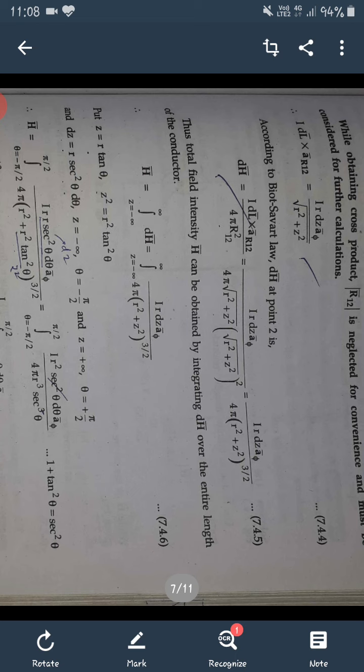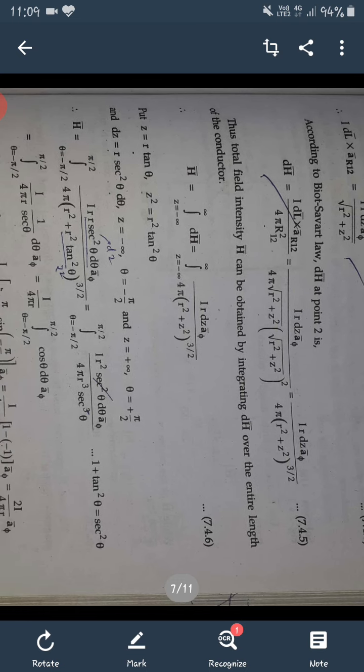Now changing the limits. If you take z equal to minus infinity, theta will become minus pi by 2. From the equation z equal to r tan theta, if you substitute z equal to minus infinity, you get theta equal to minus pi by 2, and if you take z equal to plus infinity, theta will be plus pi by 2.